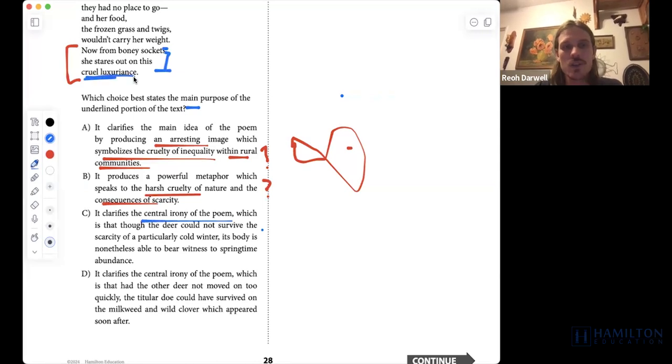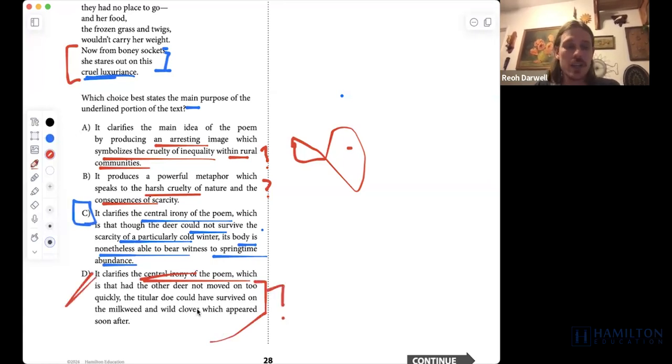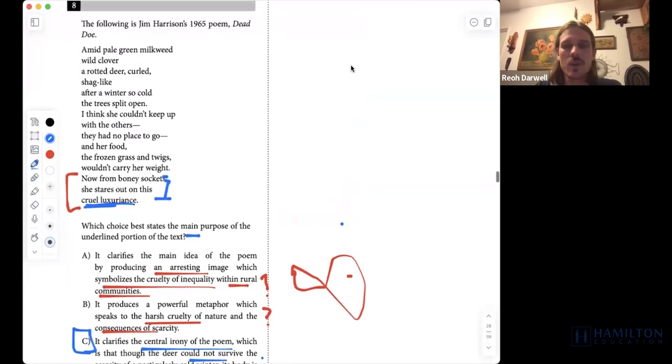This cruel luxuriance is a central irony because though the deer could not survive the cold winter, it nonetheless is able to bear witness to the springtime abundance. Perfect. D talks about a central irony, which is great, but how would we support this, right? How is this true? That is leading to too much guessing, whereas C is irrefutable. So that's how we arrive at C for this great question number 8.